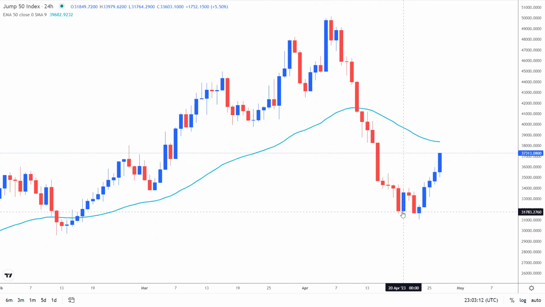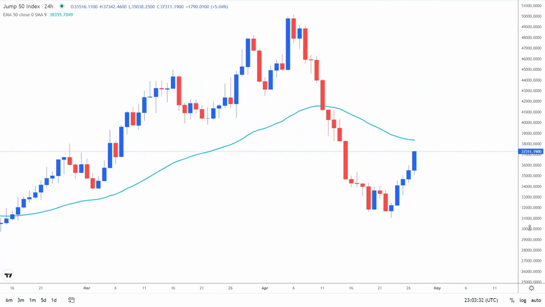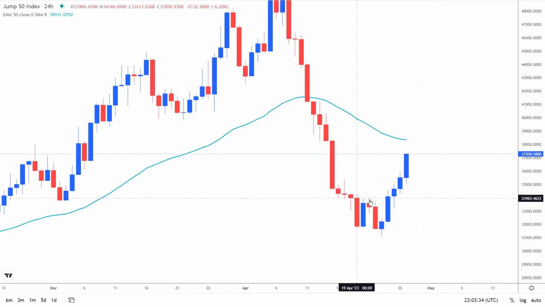And then the daily time frame pointed us to more like a daily double bottom. But also, from the daily time frame, clearly we had this previous high that led to this swing low.